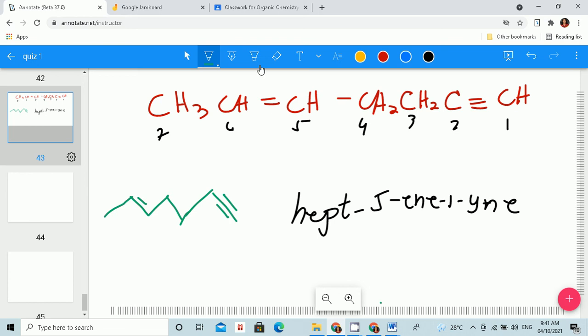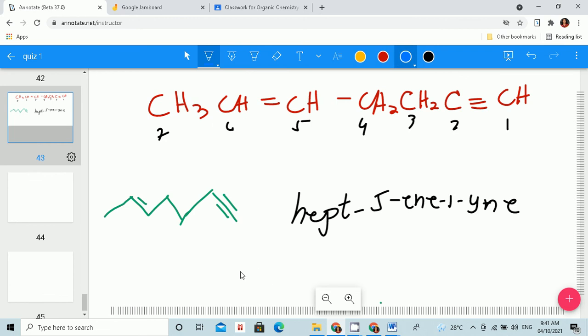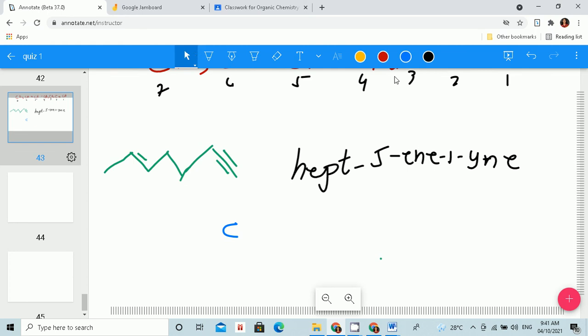For our complete structure, that will be this one. So we have 7 carbons, 1, 2, 3, 4, 5, 6, 7. Carbon 1, we have 3. 1, 2, 3. Okay. 1, 2, 3, 4, 5.